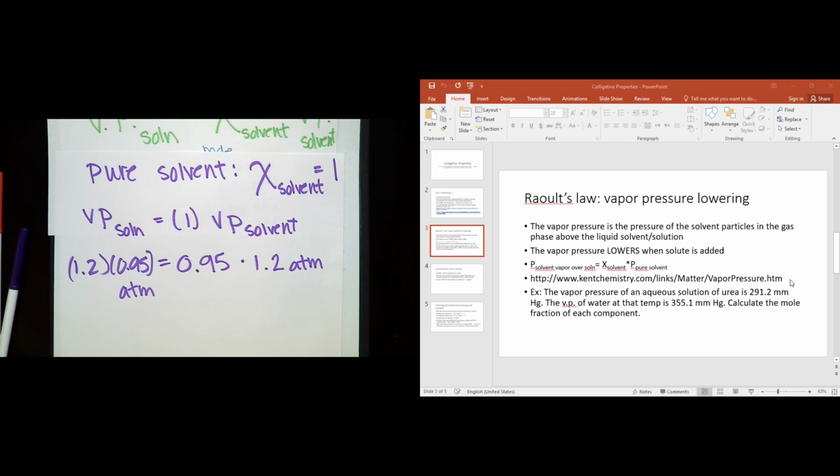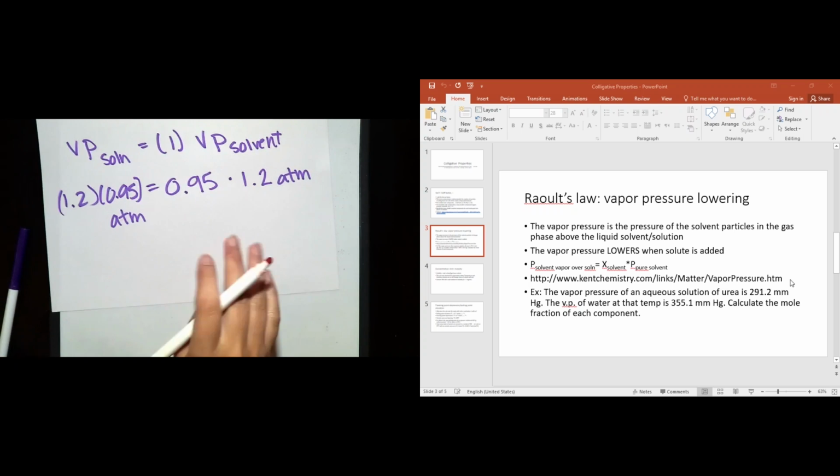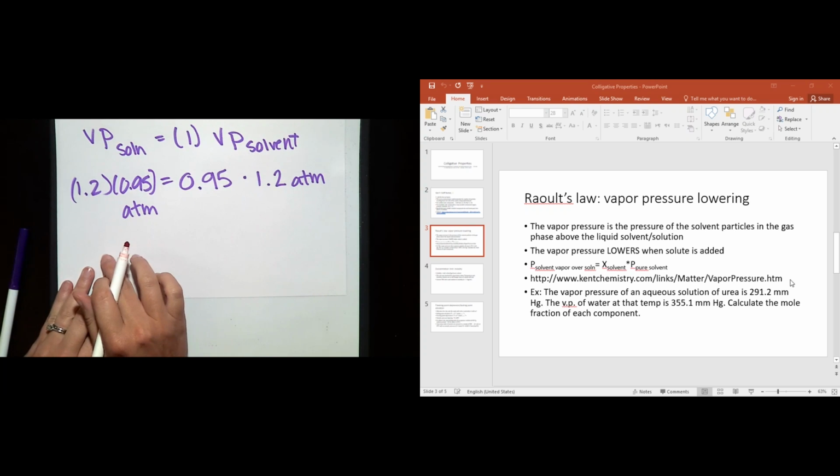And the question is, calculate the mole fraction of each component. Okay, so a little bit of a twist. We're given both of the vapor pressures. They are in the same unit, which means I don't have to convert. That's nice.